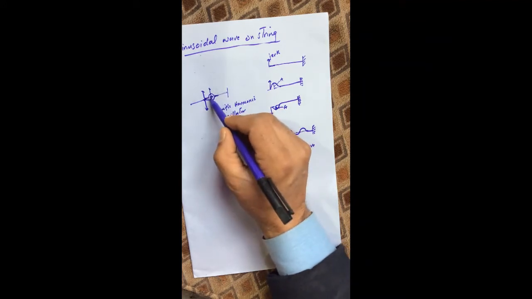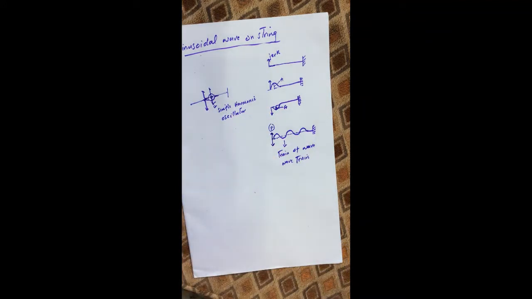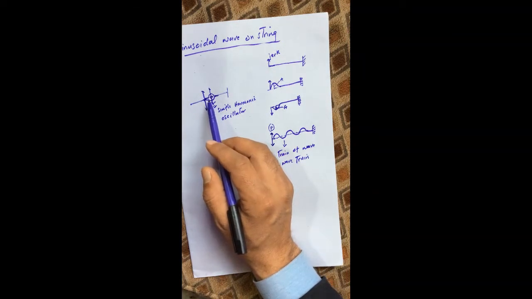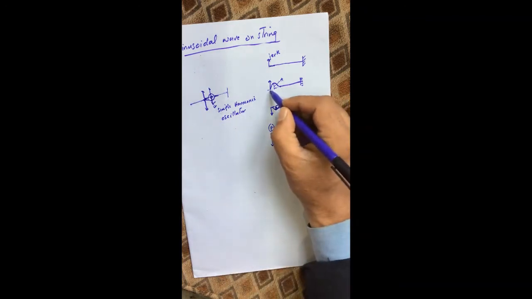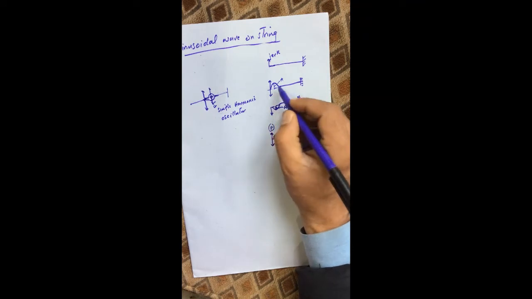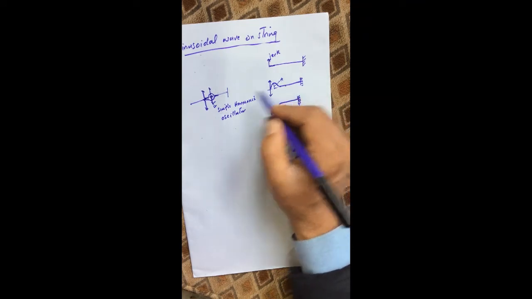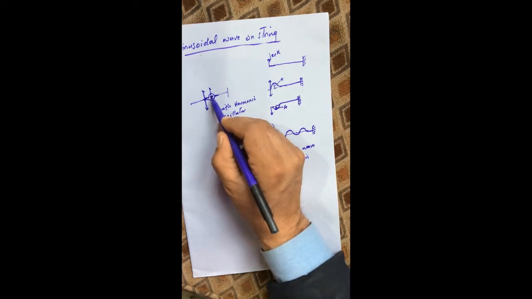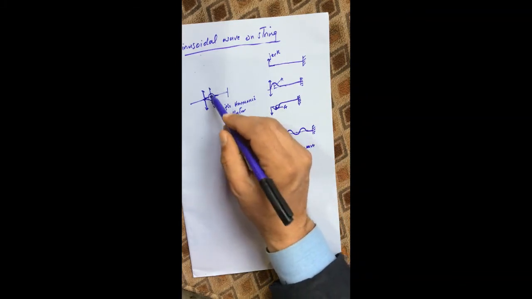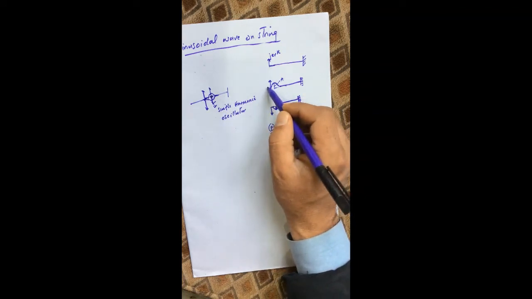So this segment can be treated as a simple harmonic oscillator, which is vibrating with a frequency equal to the frequency of the external source. The source vibrates both upward and downward with a specific frequency, and that frequency is also transferred to the string. So this segment of the string is treated as a simple harmonic oscillator which oscillates with the frequency of the external source.